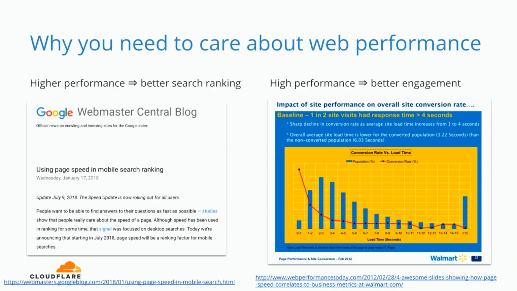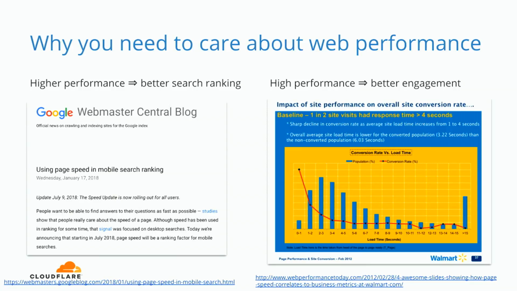discoverability of your site. The second reason to care about web performance is that it also helps with user engagement. In a now pretty well-known research done by Walmart in 2012, quite some time ago, they found that with every 100 milliseconds of additional latency, their user engagement, or conversion rate in this case, drops by 1%.